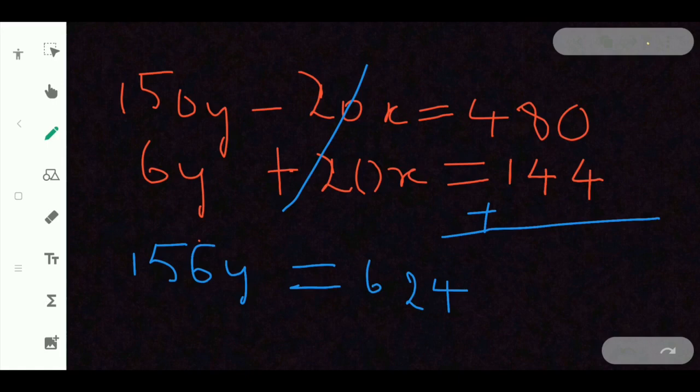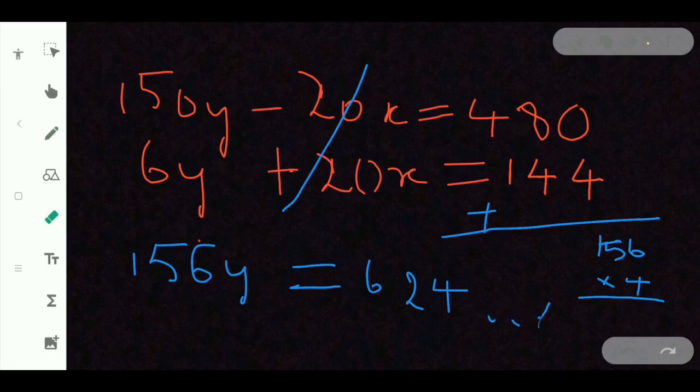So let us see the value of y. Let us try 156 into 4. 4 6s are 24, and 5 4s are 20, 22, 4 1s are 4, 624.